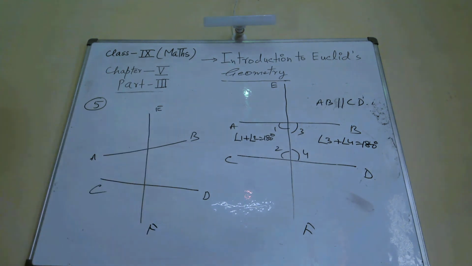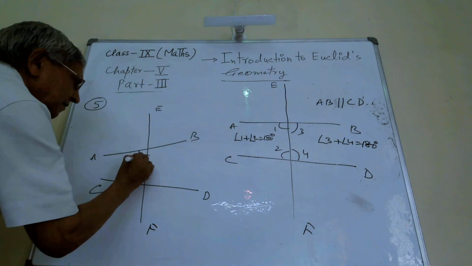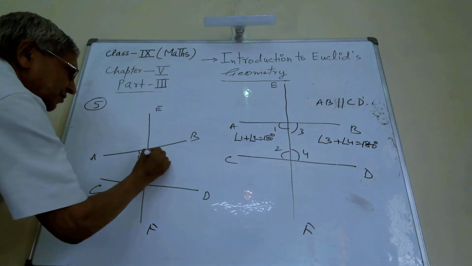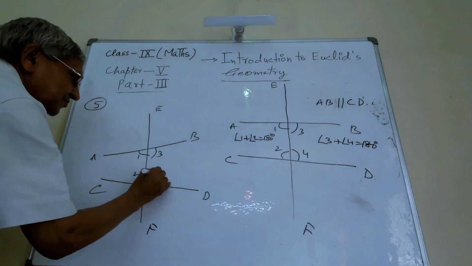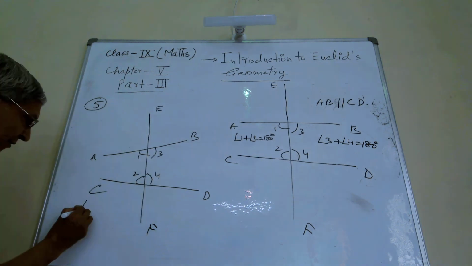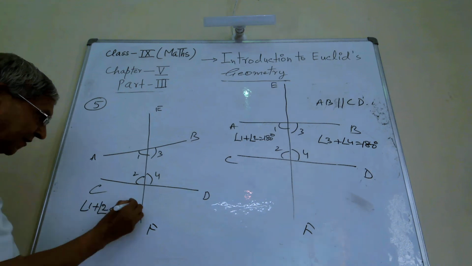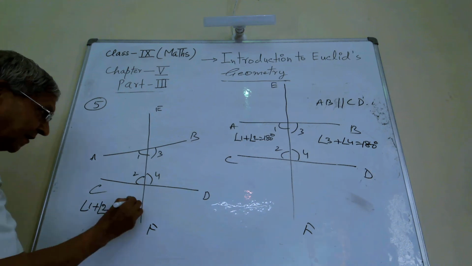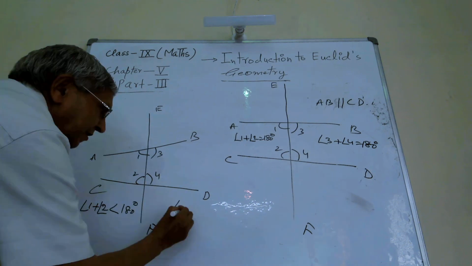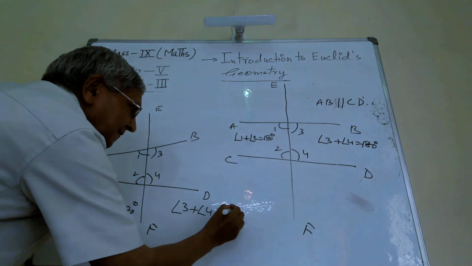This is angle 1, angle 2, angle 3 and angle 4. Here angle 1 plus angle 2 is less than 180 degrees, and angle 3 plus angle 4 is greater than 180 degrees.